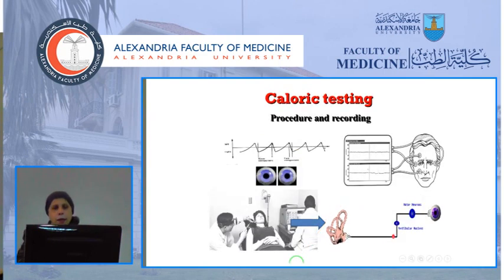What about caloric testing? This is another test that can test the integrity of the vestibulo-ocular reflex. What do we mean by that? If the temperature of the person is about 36 to 37 degrees, and you put warm water or cold water into the external auditory canal, it will warm or cool the tympanic membrane and the middle ear.